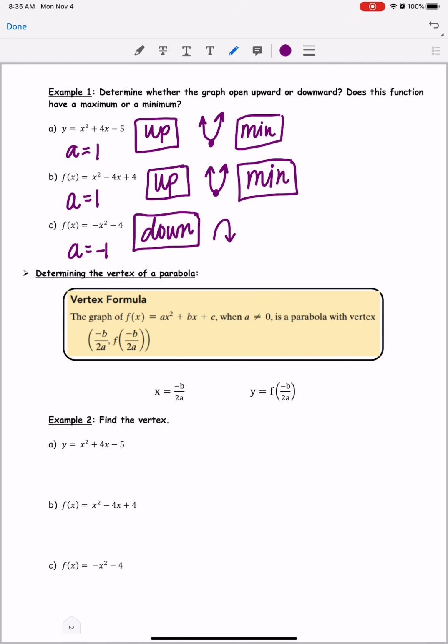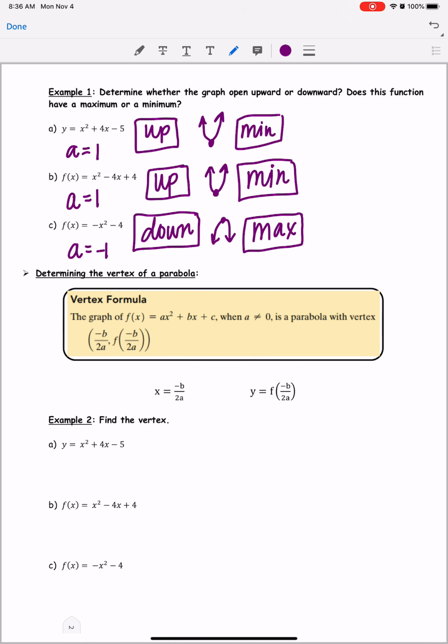When it opens down, my vertex is going to be on the top, so now I have a max. Just like up and minimum always go together, down and max always go together. So that's the first thing we have to do: when we look at that, determine if it opens up or down.